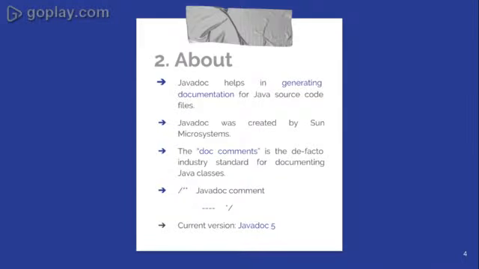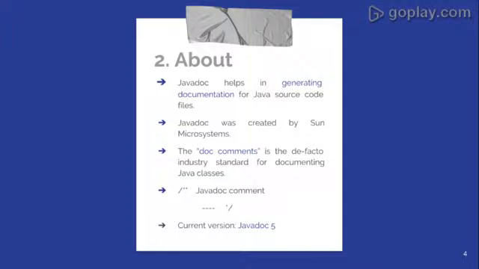Let us have a brief description of Javadoc. Javadoc is a documentation generating tool used for Java source code files. Javadoc was created by Sun Microsystems, but later Sun Microsystems was acquired by Oracle. The doc comments are the de facto industry standard for documenting Java classes.